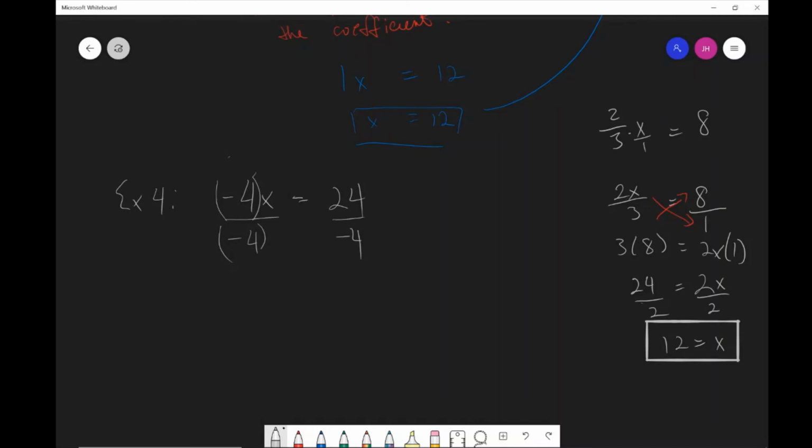So -4 divided by -4 becomes a positive 1, 1x equal to, well, 24 divided by -4. The quotient of negative and positive numbers will be what? Negative. So -6 in this case.